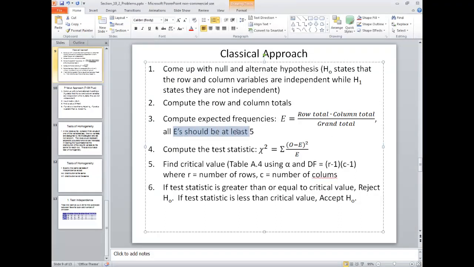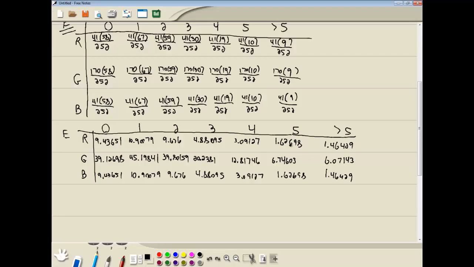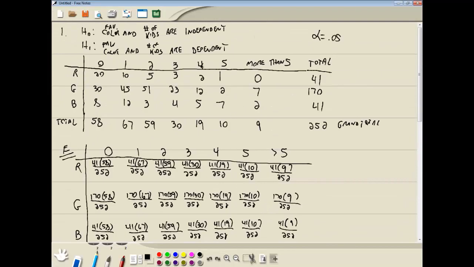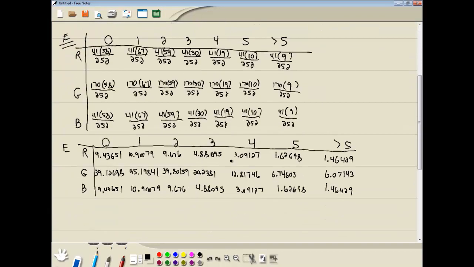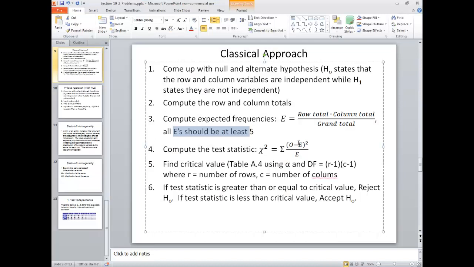If they're not, then we couldn't proceed. Okay, those are E's. Now we want to compute the test statistic. So we got our observed. Now these right here are observed. These are our expected. So we want to do the observed minus the expected squared divided by E.